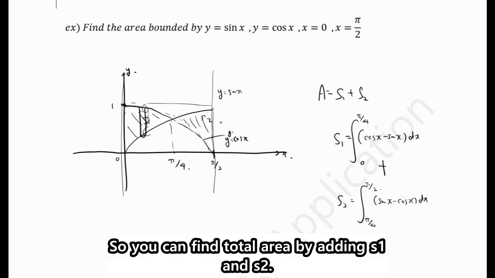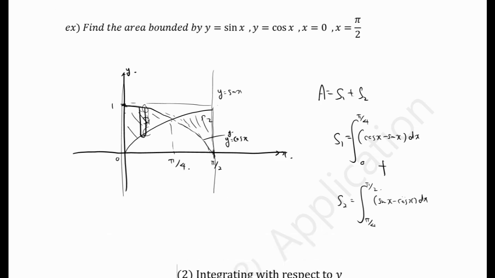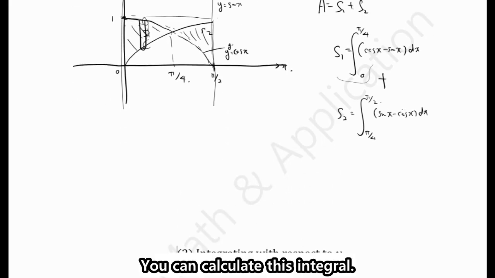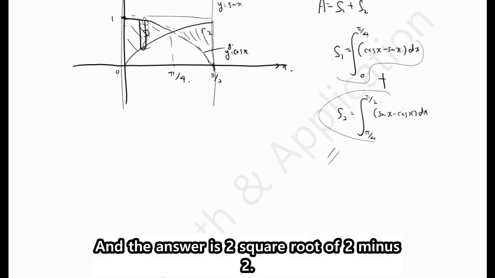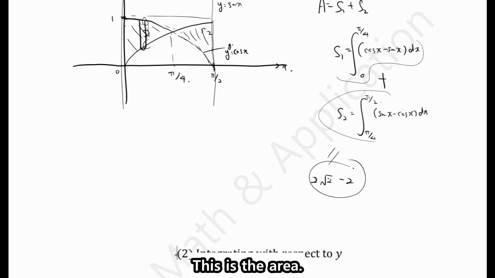So you can find the total area by adding S1 and S2. You can calculate this integral, and the answer is 2 square root of 2 minus 2. This is the total area.